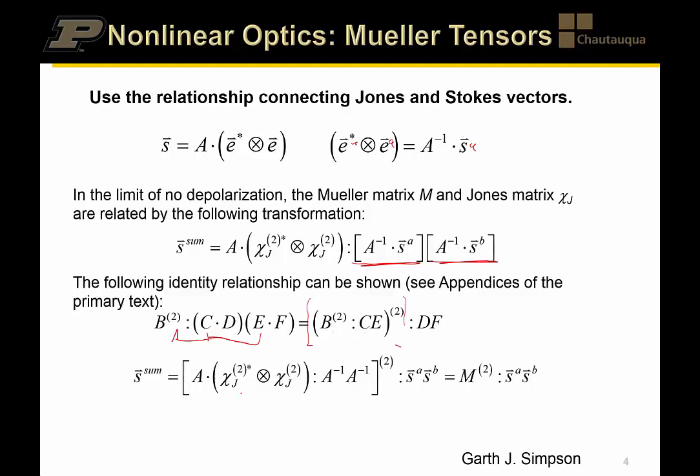If we do that substitution, we have this relationship, which, if you look at everything inside the brackets here, is our Stokes transfer tensor. It gives us the sum frequency Stokes vector out for the 2 driving Stokes vectors, and so that really is M2. And that's a really nice, simple relationship for describing and connecting the Mueller tensor given by M2 and the Jones tensors given by chi2.